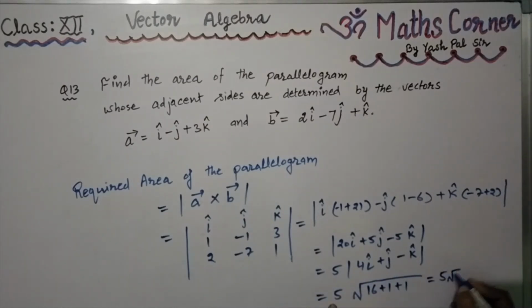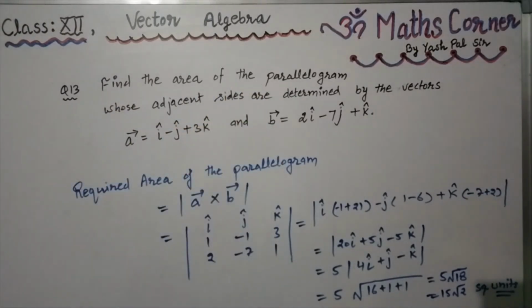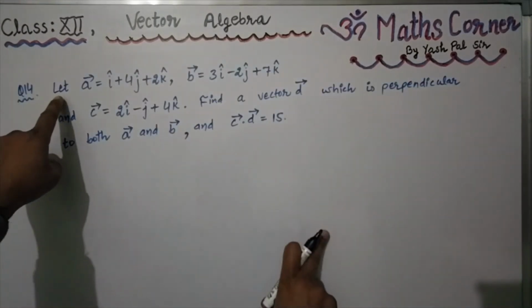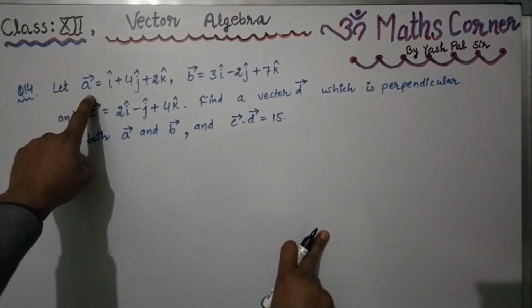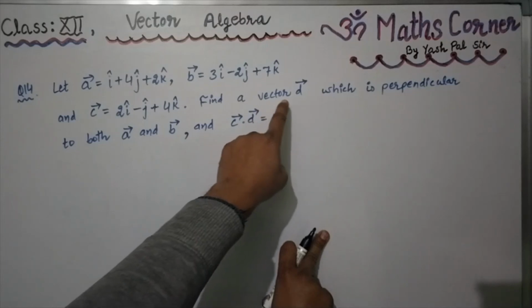Again this is equal to 5 into square root of 4 whole square is 16 plus 1 plus 1. This is equal to 5 square root of 18. Again we can write this as 9 into 2, 9 means 3, 5 into 3 is 15 square root of 2 square units. This is the area of the given parallelogram.